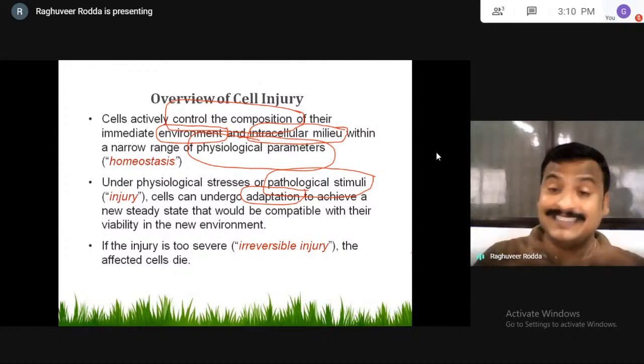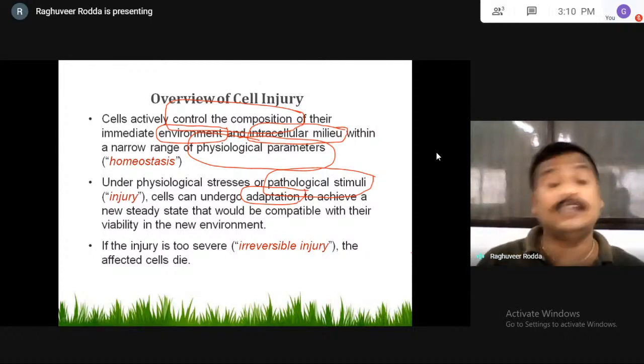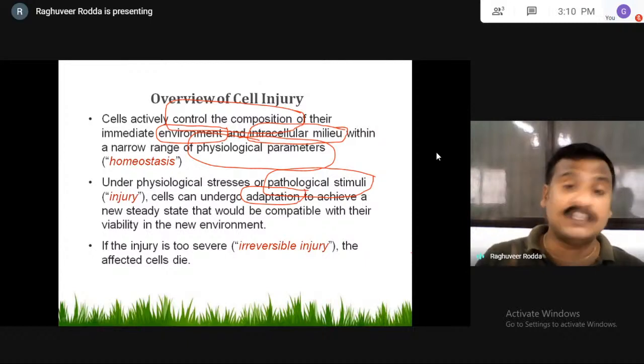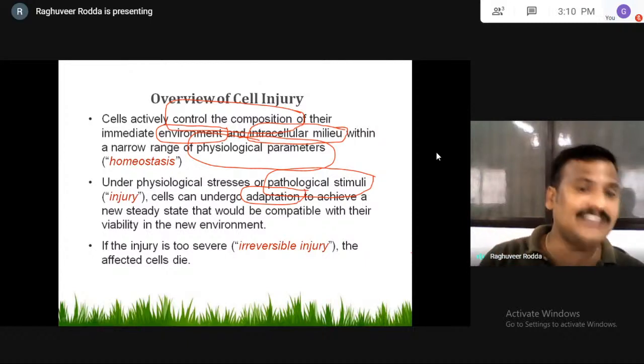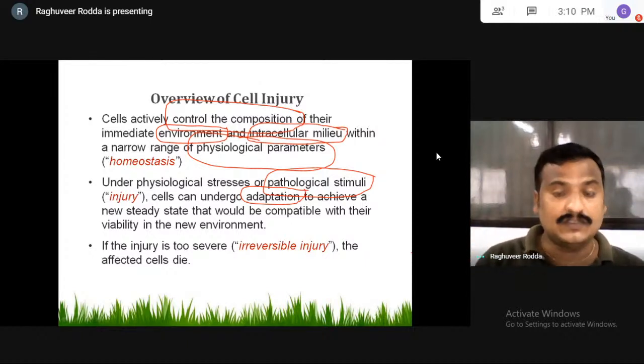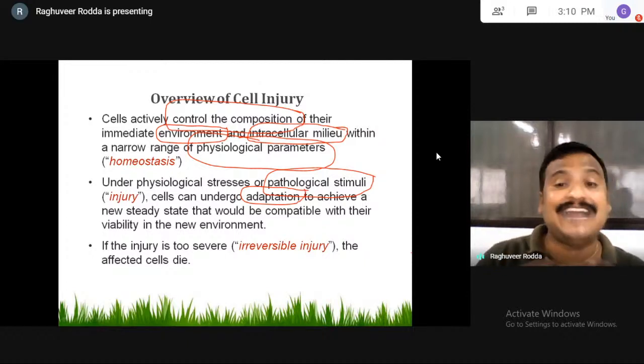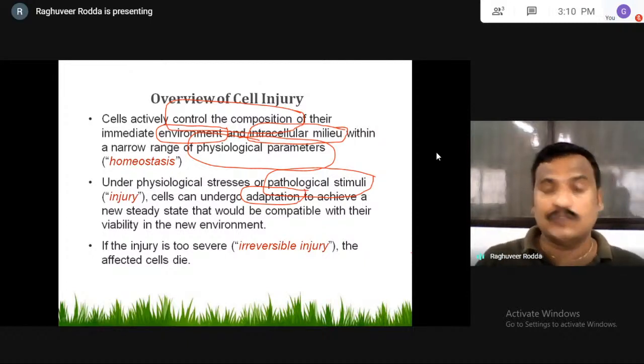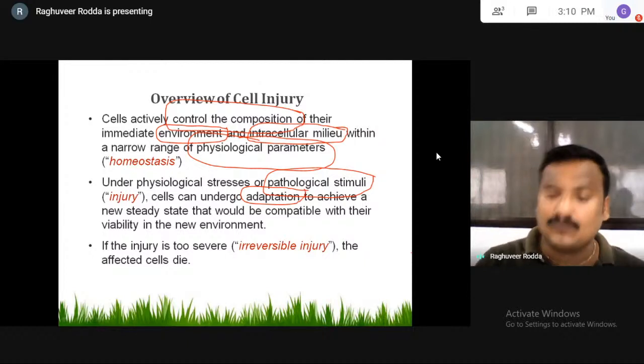But when those contents are changed with respect to the concentration, the quantity, the quality, that changed condition is called the new steady state. To achieve that, the cell is going to make certain changes, and those changes are called adaptive changes.